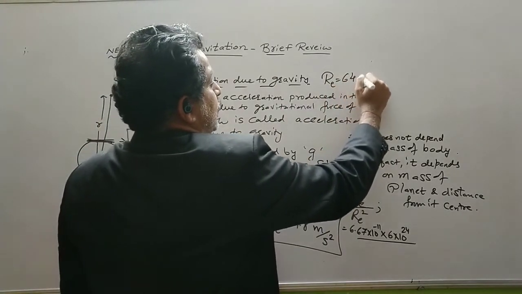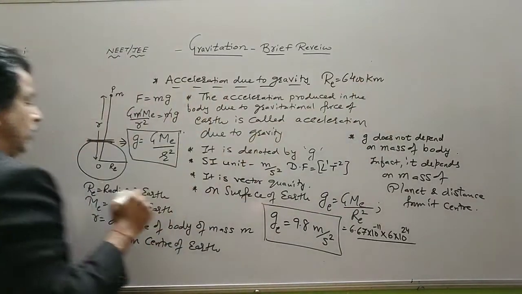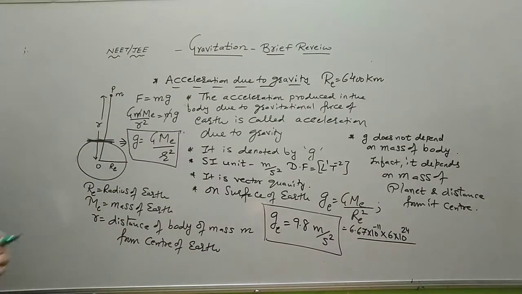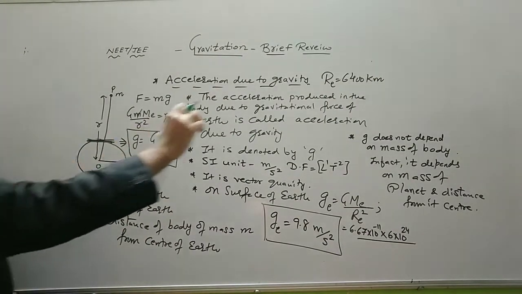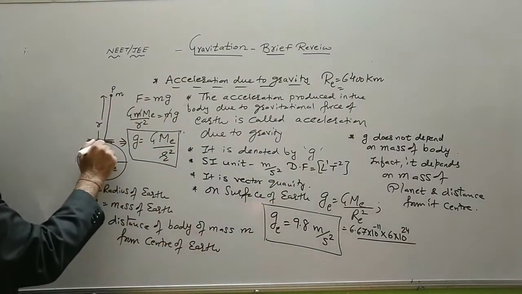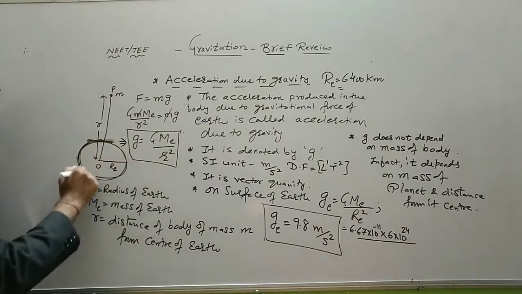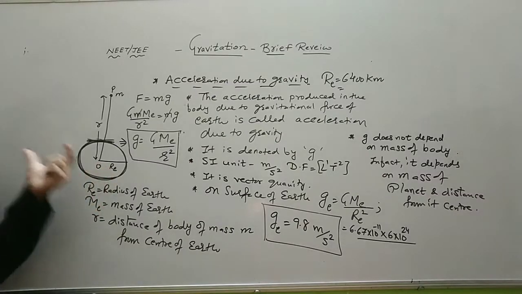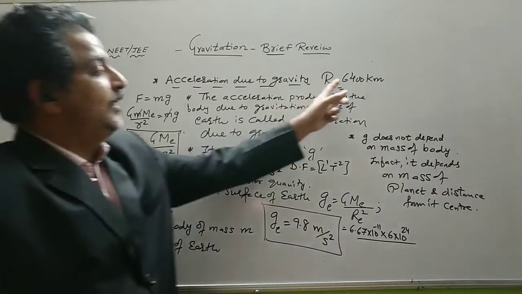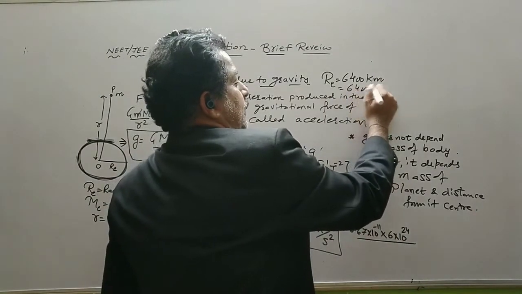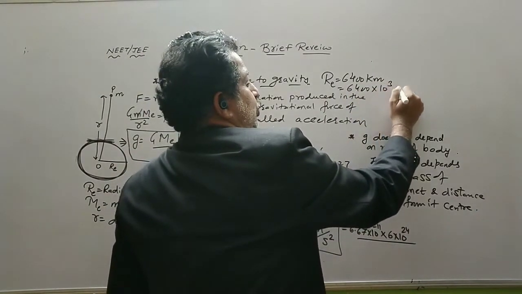If we assume the Earth to be a sphere, then its radius is 6,400 kilometer. Though Earth is not a perfect sphere, for the gravitation chapter we assume that Earth is a perfect sphere. So its radius is 6,400 kilometer, which can be written as 6,400 into 10 raised to 3 meter.